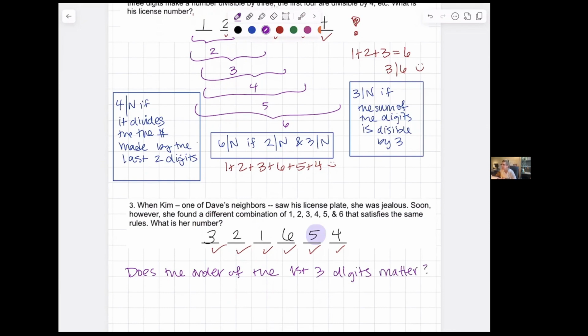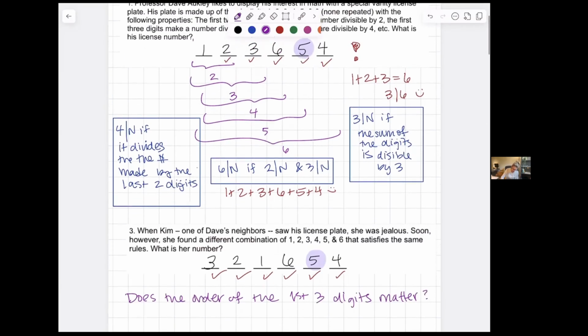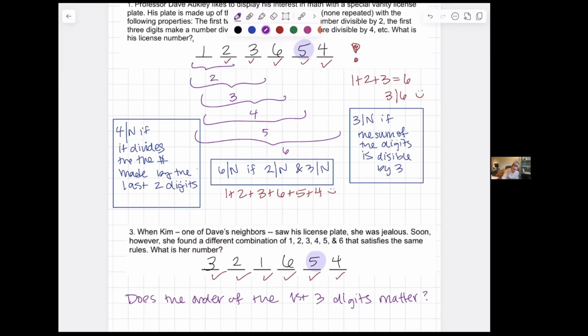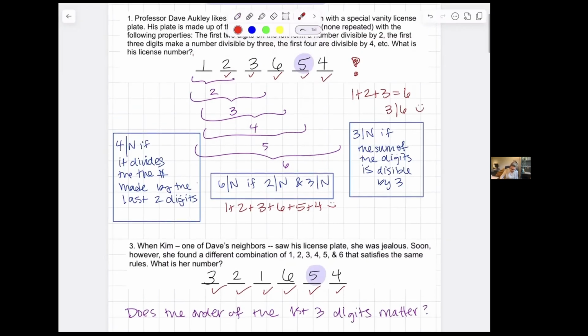Good. So Jason said they have the same sum. Very good. As far as my divisibility by three condition, well, 1 plus 2 plus 3 is 6, so this thing is divisible by three. But that has the same exact sum as 3 plus 2 plus 1. It's still 6, so this number will still be divisible by three.